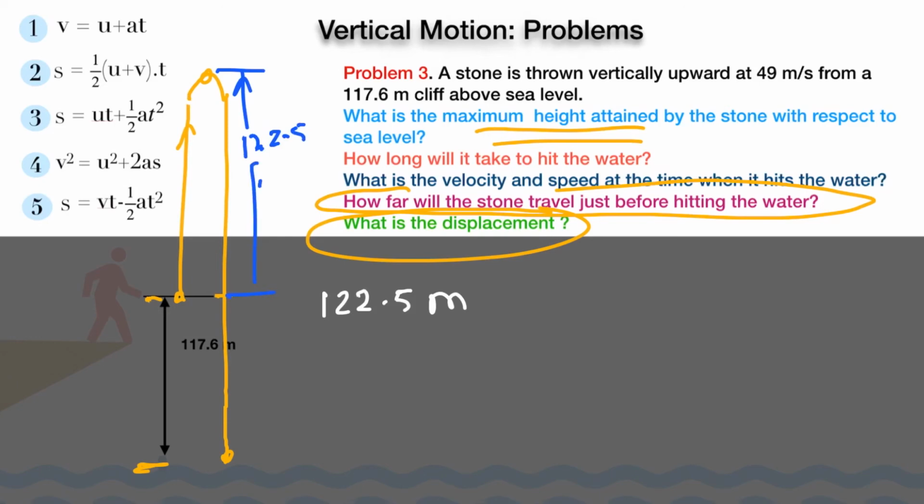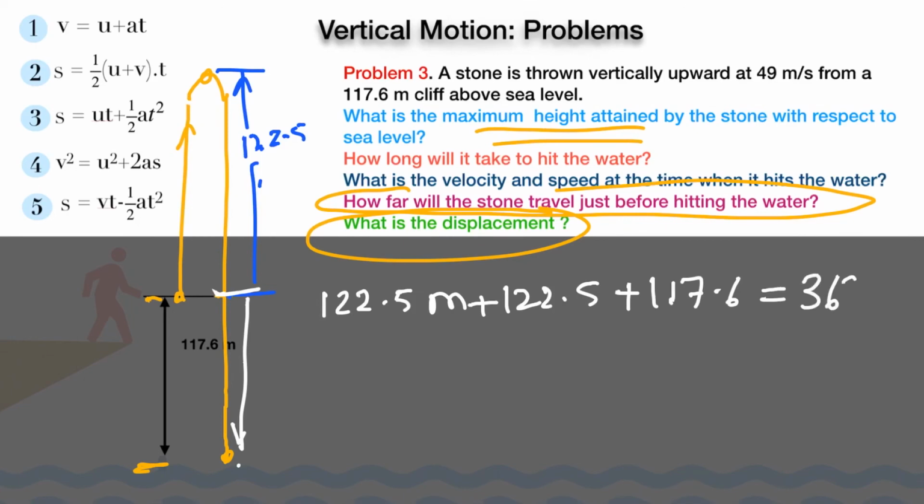So the stone went 122.5 upward, then came 122.5 downward and reached this point, and then further traveled this much distance, which is 117.6. So if you add these up, the total comes out to 362.6 meter. So the total distance traveled by the stone is 362.6 meters.